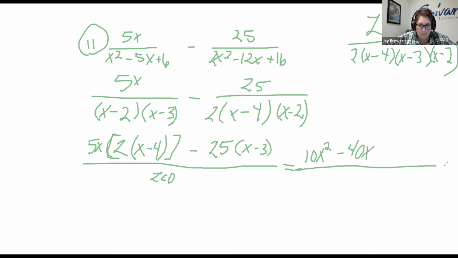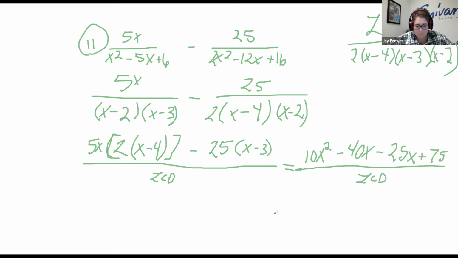And you can do that in pieces if you want. You can see how I wrote it down. Okay. Negative 25 times x will give us a negative 25x. And negative 25 times negative 3 will give us a positive 75. Again, it's all over the LCD.